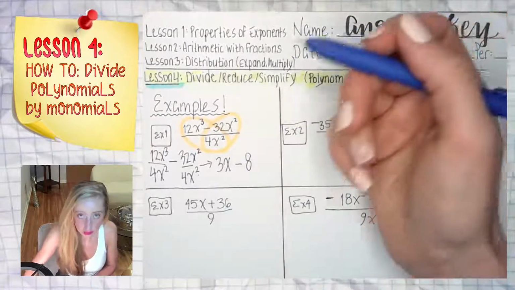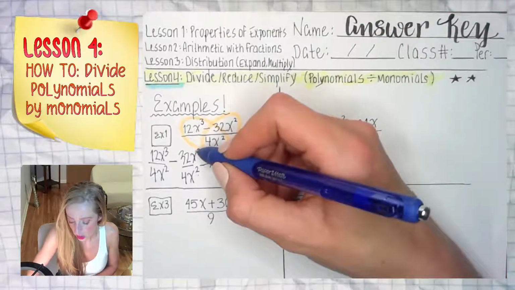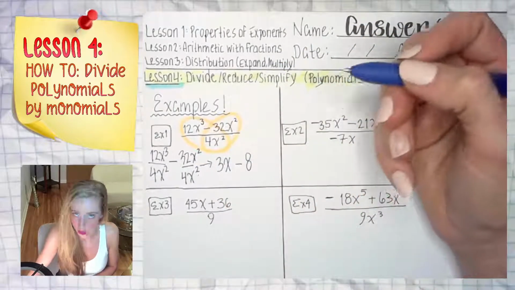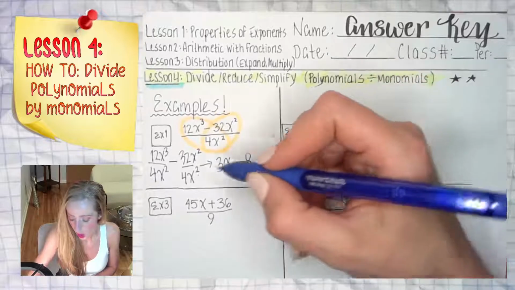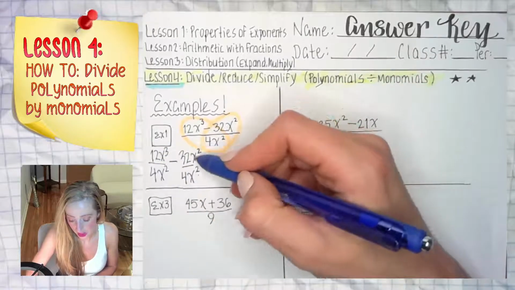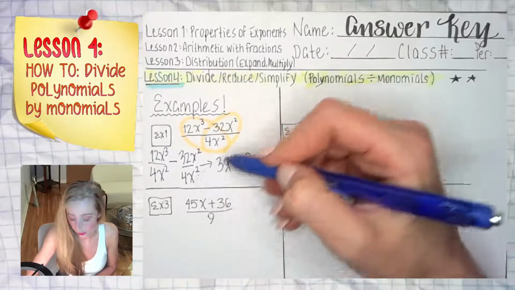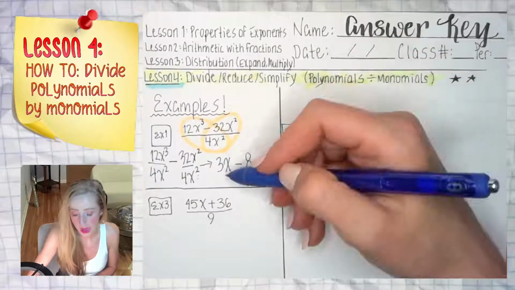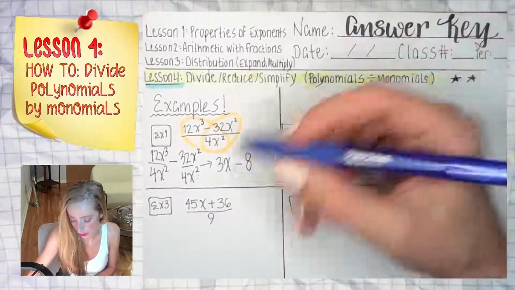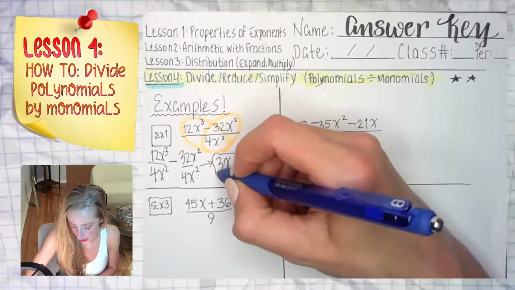But hey, we're learning, right? So x squared divided by x squared is 1. I don't need to write 8 times 1. Or you can do the same method, x to the 2 minus 2, which will be x to the 0, and x to the 0 is 1.